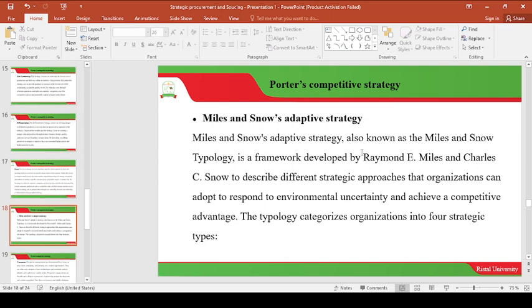Yes. So another important competitive strategy, beyond the generic strategies already talked about, is the Miles and Snow adaptive strategy. Miles and Snow assume that an organization should come up with a product that can defend itself in the market.